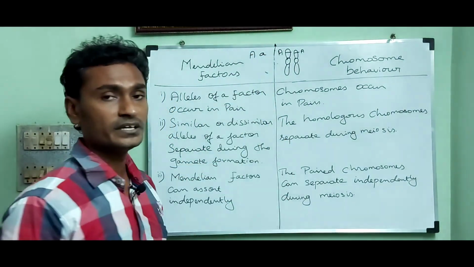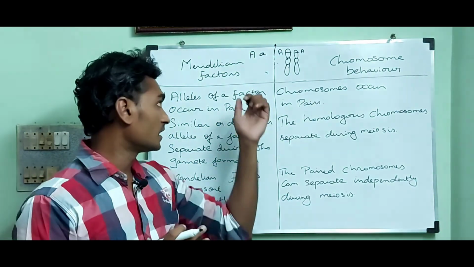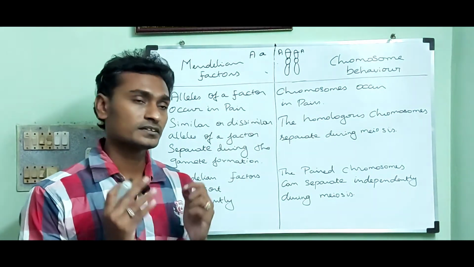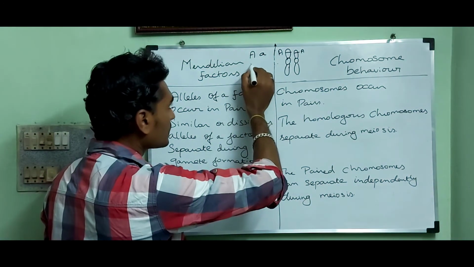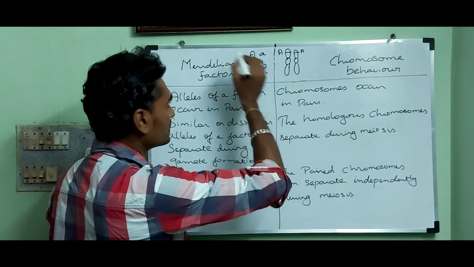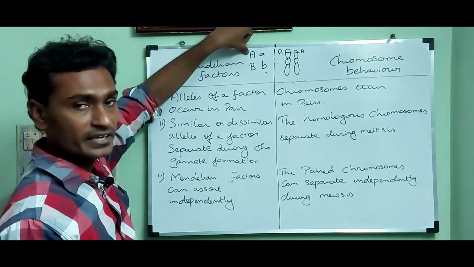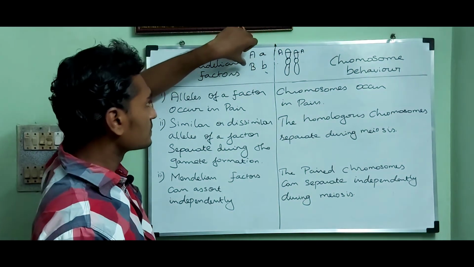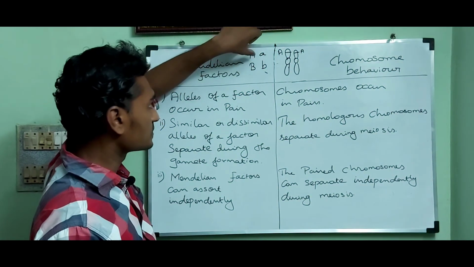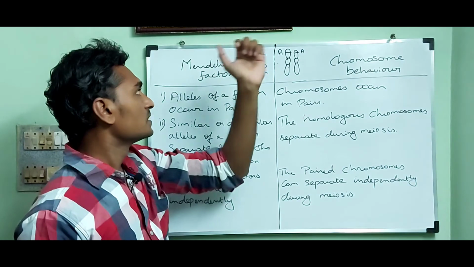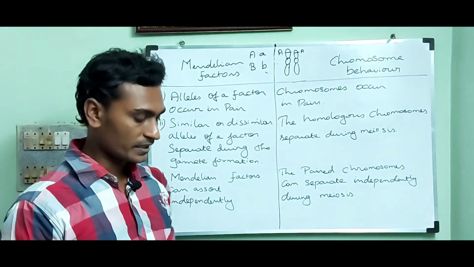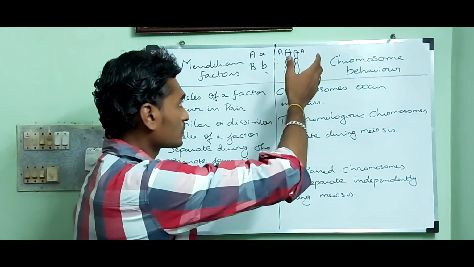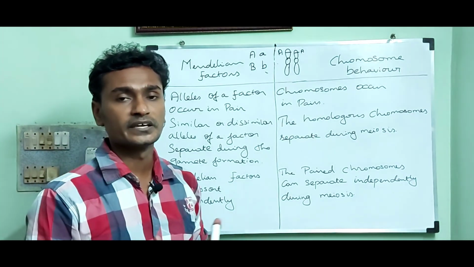The A allele is responsible for the trait tall. Here we have capital B, small b. So capital A can assort independently with small b, and capital B can assort independently with small a. Likewise, in the chromosome also this takes place.